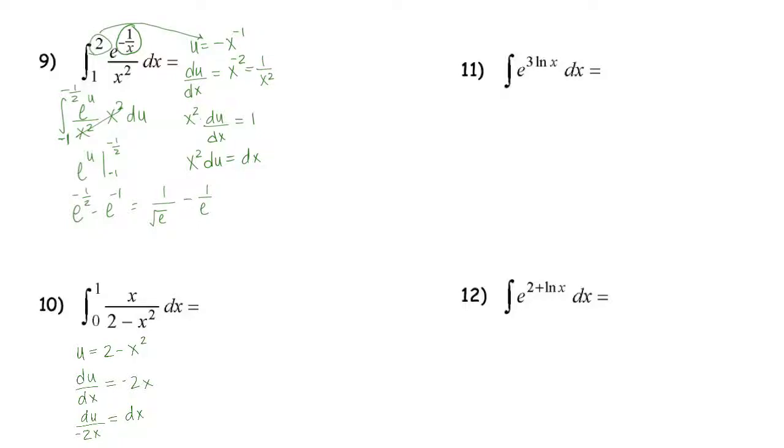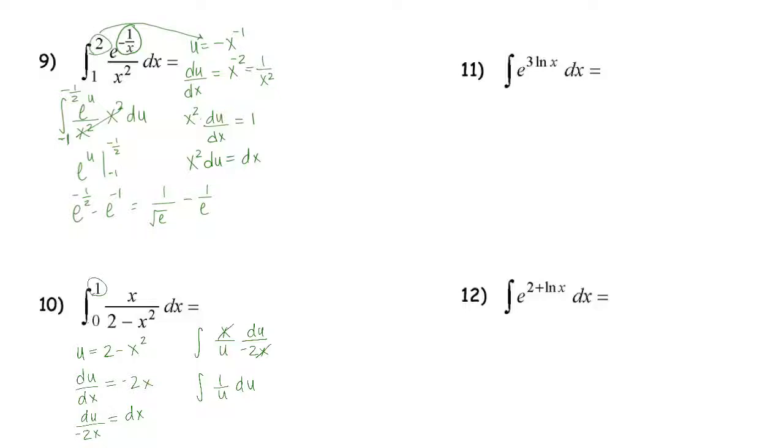And now let's go back up and check. We're going to have an integration. We're going to have x over u, and in place of dx, we have du over -2x. And again, those x's do cancel. And so we're going to integrate 1 over u du.